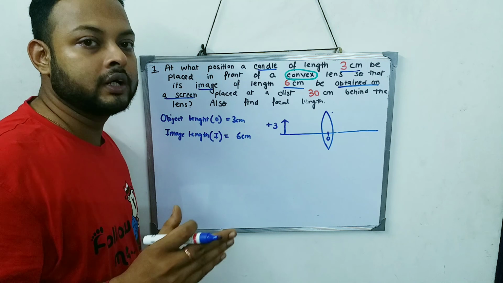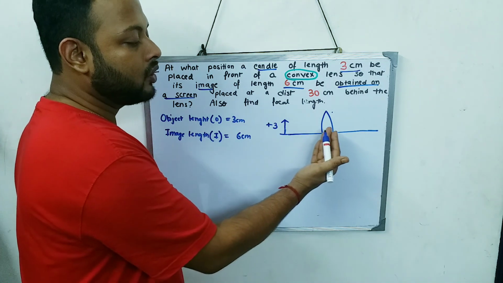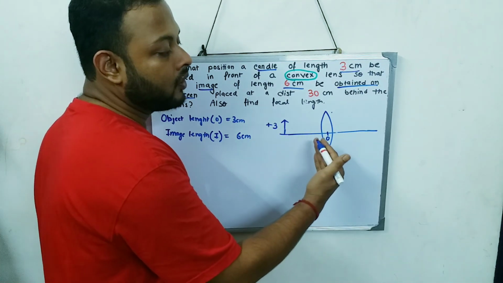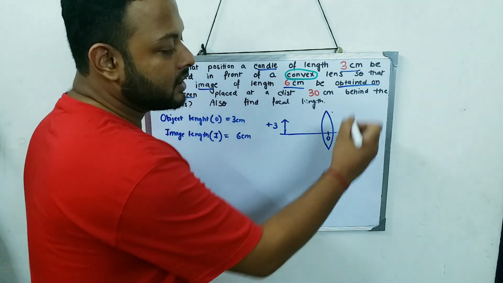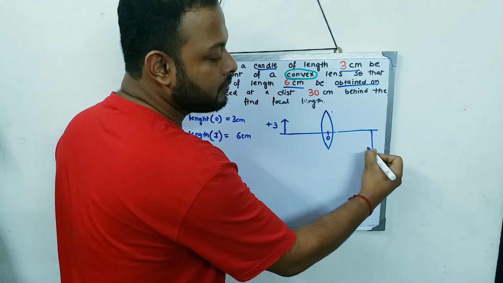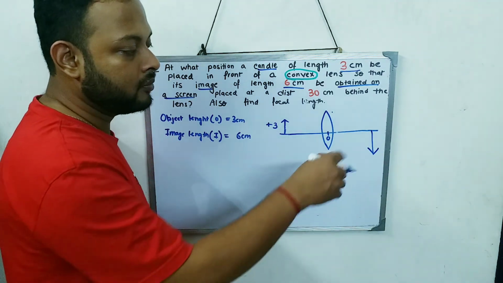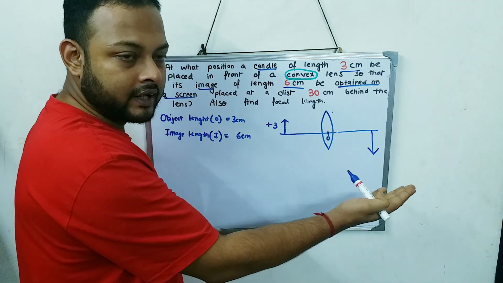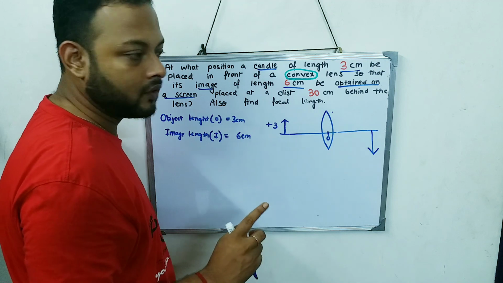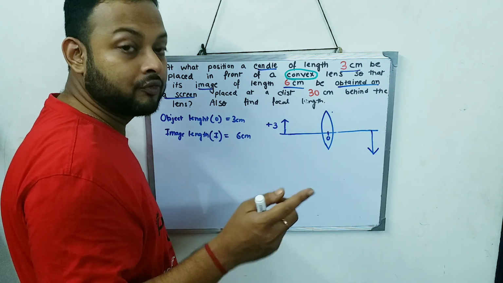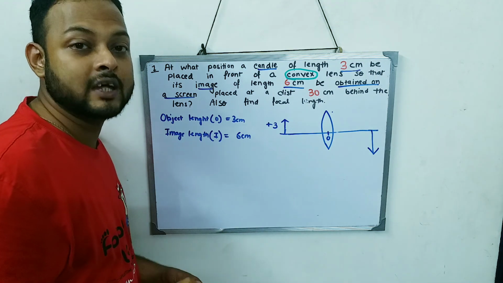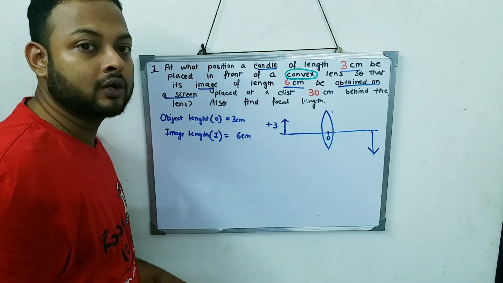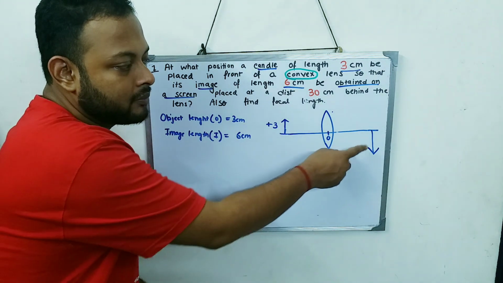And you know, real images are formed not on the same side but on the other side, that is behind the lens. And real images are formed like this, on the opposite side, and it is inverted. Okay, inverted. If you have done the diagrams of this chapter, all the 7 diagrams related to the convex lens, then you will understand what I'm trying to say.